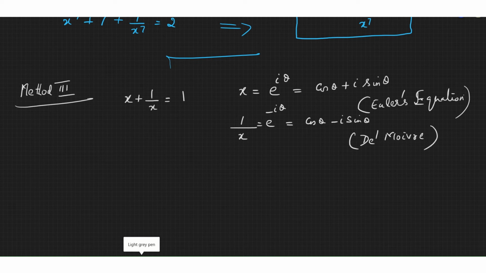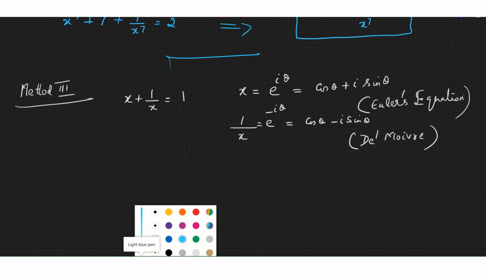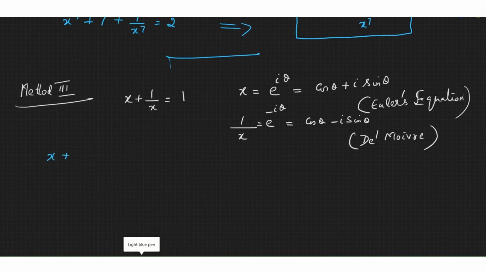Now, from these two results, I can take the value for e raised to i theta plus x plus 1 by x, which is 1.